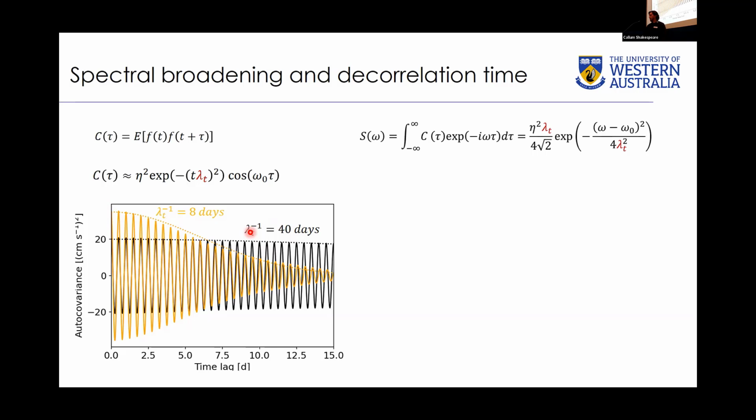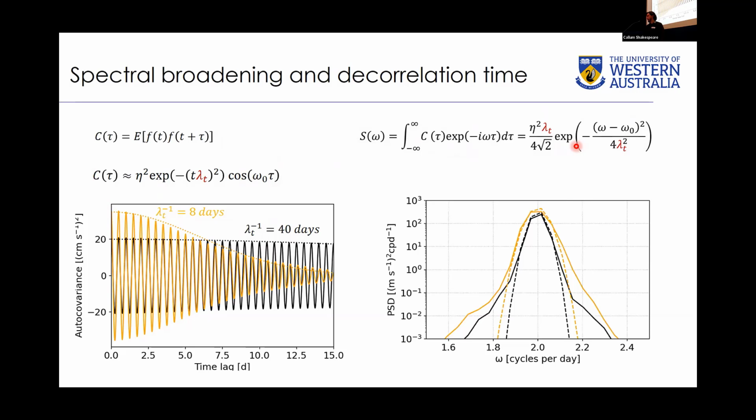But what you can do with that as well is you can get the power spectral function by plugging this expression into here, and then you get a function for the power spectral shape. So that's what I'm showing here. Basically you have this Gaussian term again, and that lambda t is setting the width of that Gaussian.